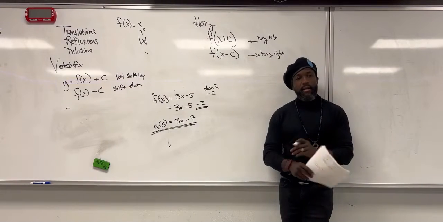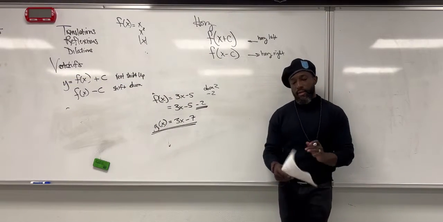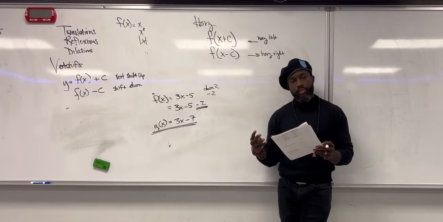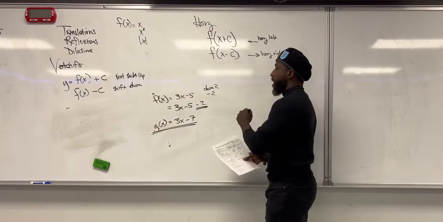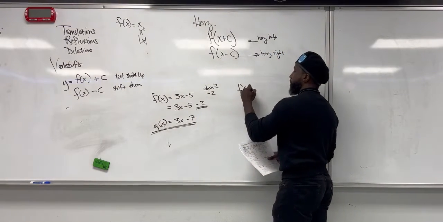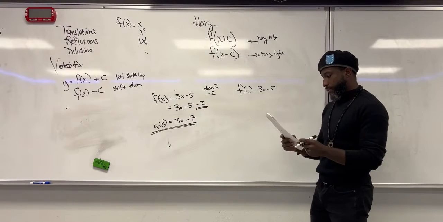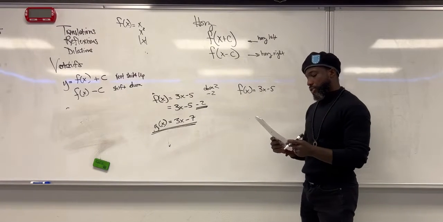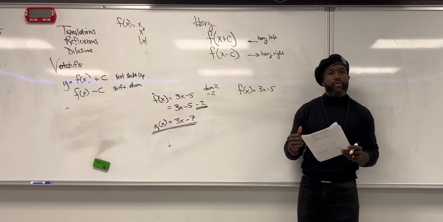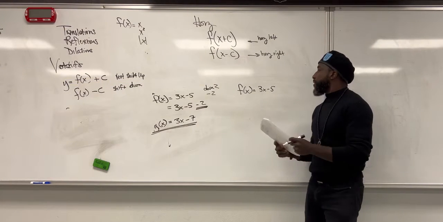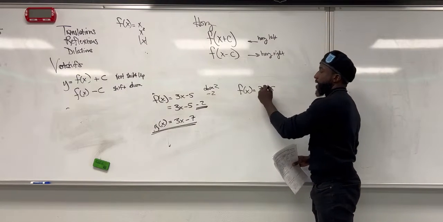All right, now let's look at B. B says it translates 4 units to the right. So it's the same original equation where it says 3x minus 5. And this time it's going to move to the right, and since it's moving to the right, this one is going to be connected to the x term.